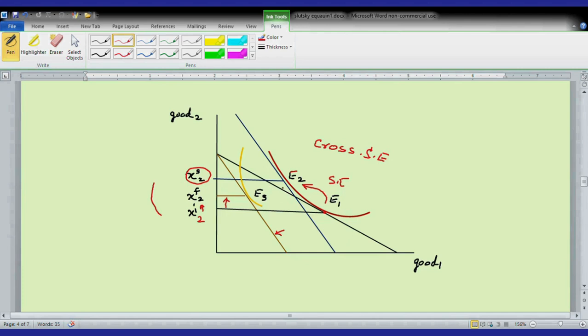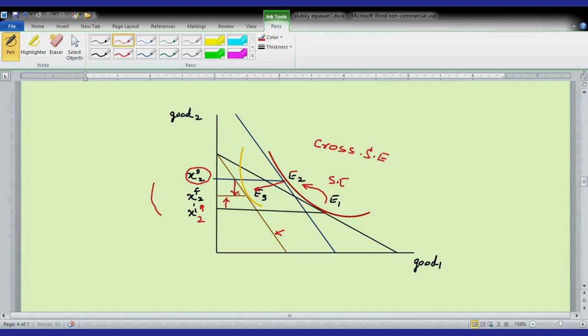Now see that from E1 to E2, your substitution effect says that consumption of good 2 will increase from X2I to X2S, and from E2 to E3 is your income effect, which brings you down from X2S to X2F, so consumption of good 2 will be decreasing as a result of the income effect.